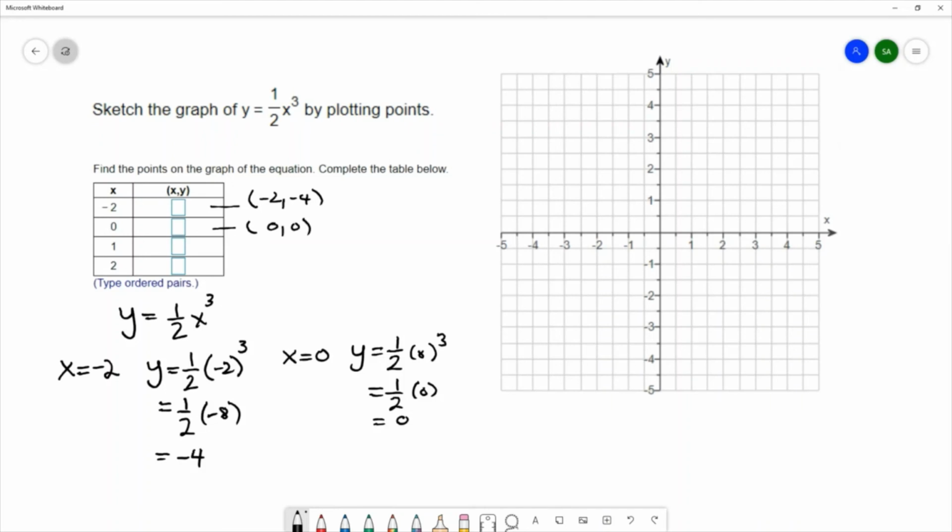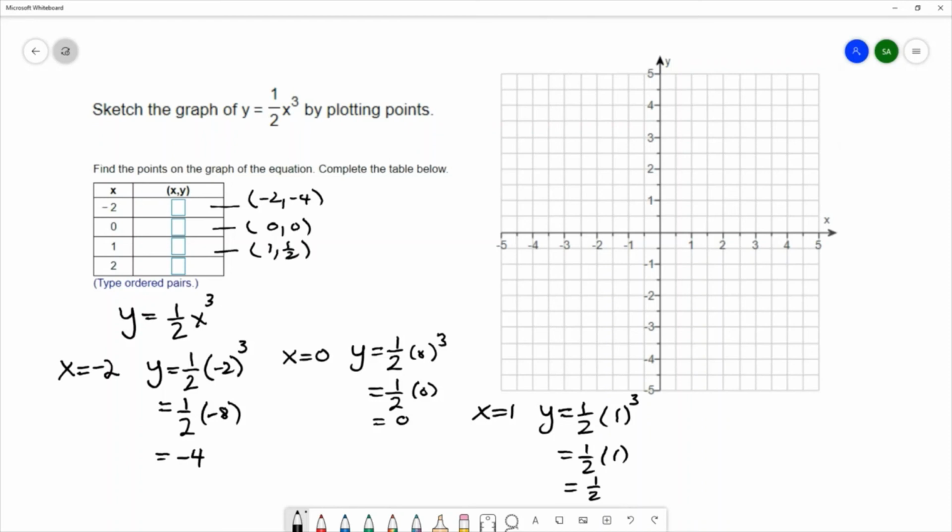We'll repeat that again with an x of 1. We would have y equals 1/2 times 1 cubed. Following order of operations, we're going to do the exponent first. 1 cubed is 1, and half of 1 is 1/2. So in this spot here, we would write the ordered pair 1, 1/2.